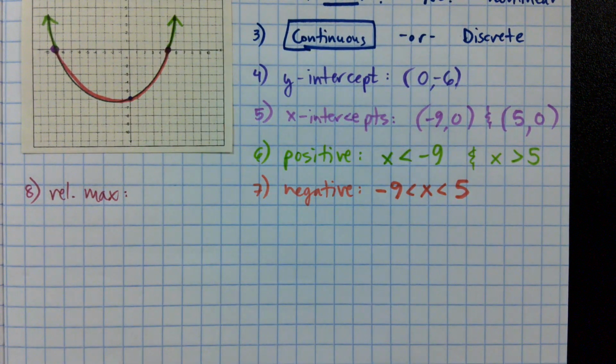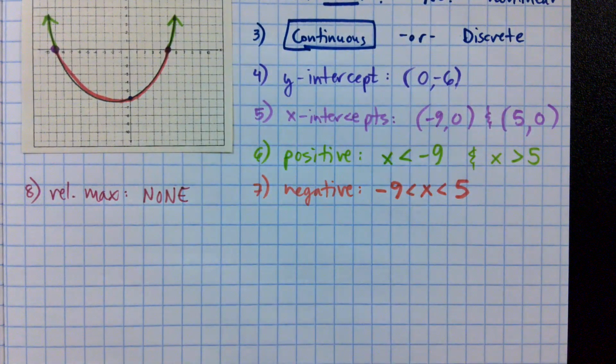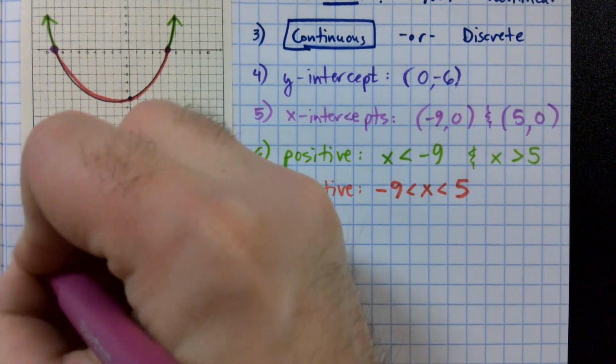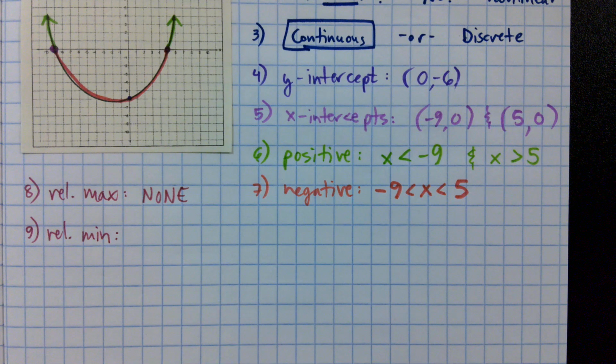Relative maximum. Everybody see a relative maximum on this function? No. So there is none. Anybody see a relative minimum on this function? Is there any part where it dips down low, Tyler?